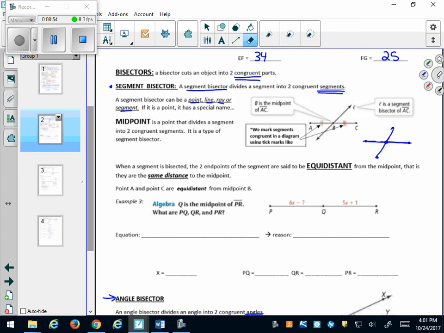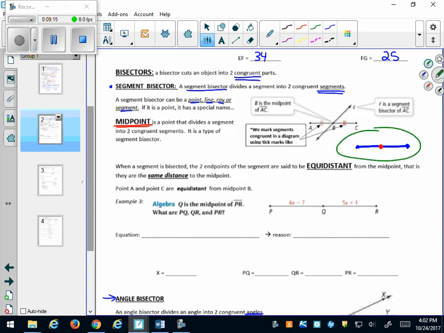The one where you just put a point in the middle has a special name. That point right in the middle is called the midpoint. Now, when I draw this, I drew this right here for you.